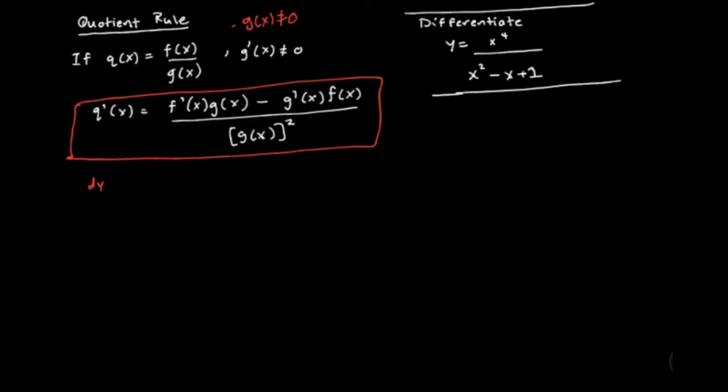So in this case, if I want to find the derivative with respect to x, dy over dx, I'm going to first do the derivative of the numerator.